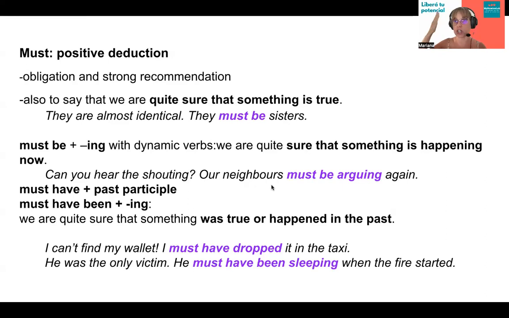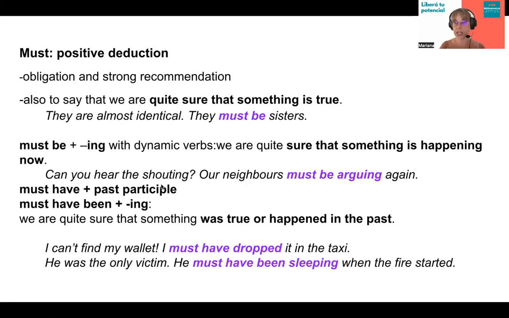So what you deduce, your final conclusion because of what you are hearing, is that your neighbors must be arguing. Bear in mind that must should be followed in this case by the verb be, in infinitive without to, and then the gerund after it.